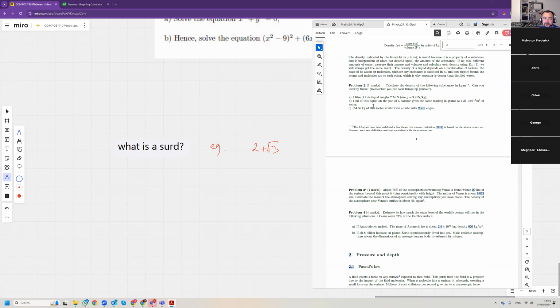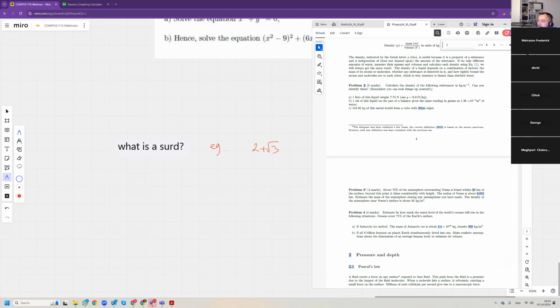Yeah, you need to say what the material is. Are we allowed to write kilogram meters cube rather than kilograms per? Yes, you can write kilograms per cubic meter or kilogram meter to the power minus 3. It doesn't matter.